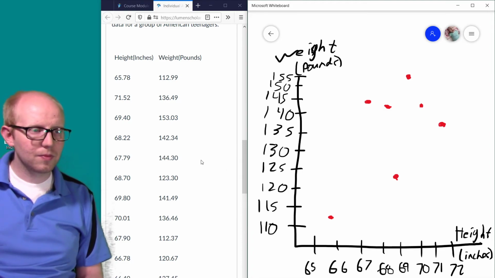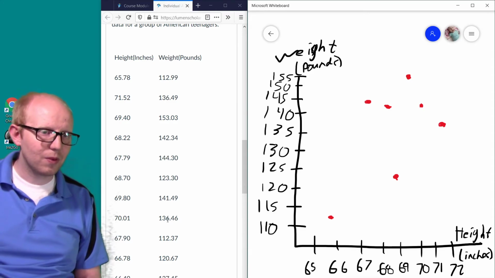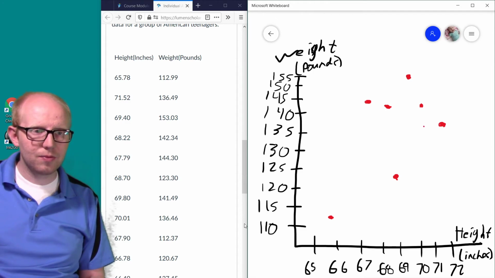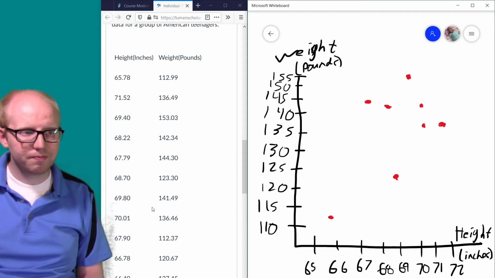Then 70 and 136. That's going to be around there, over to 70, right above 135.